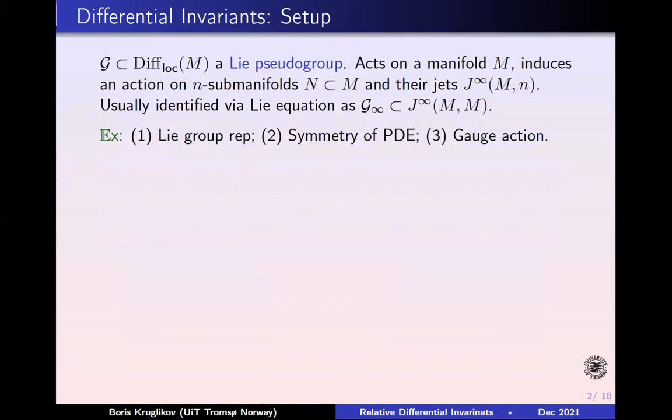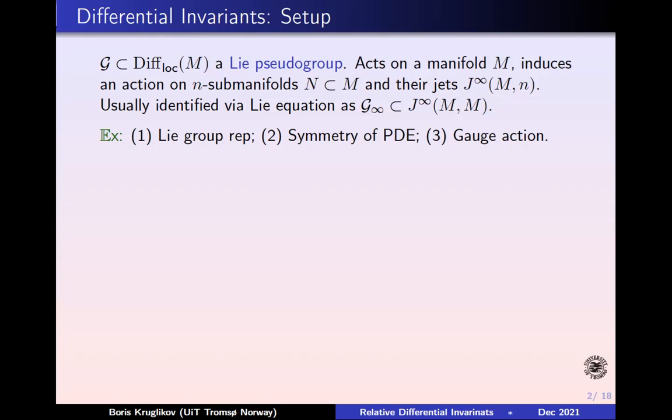Okay, so submanifolds of dimension n in the manifold M, I will denote the jets of those submanifolds by J(M, n). So the last argument is the dimension of the submanifold. Now, in particular, a Lie pseudo group can be identified as a subset of an equation in J^∞(M×M, M), where m is the dimension of the manifold.